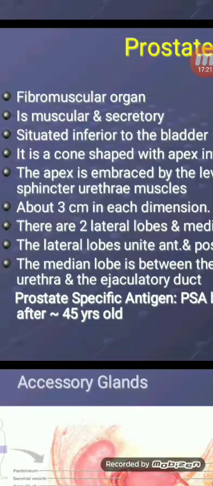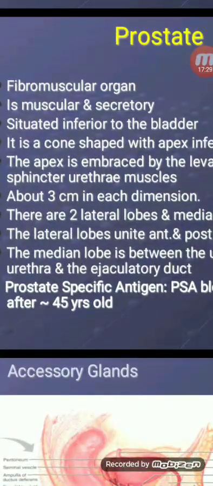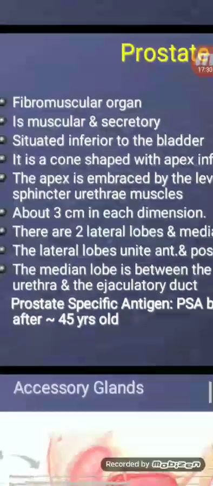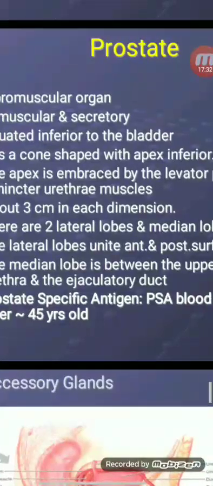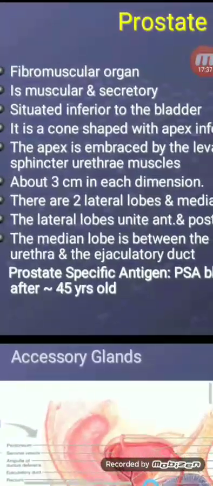The prostate is a fibromuscular organ, a muscular and secretory organ situated inferior to the urinary bladder. It has a cone shape with the apex inferiorly. The apex is embraced by the levator prostatae and sphincter urethrae muscles.